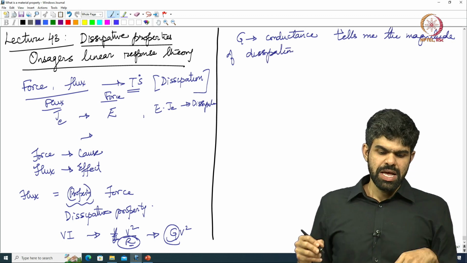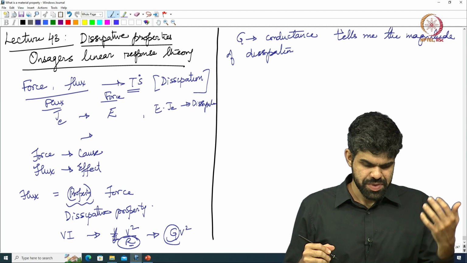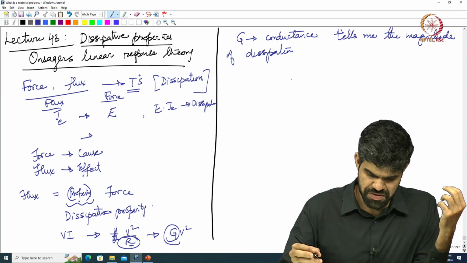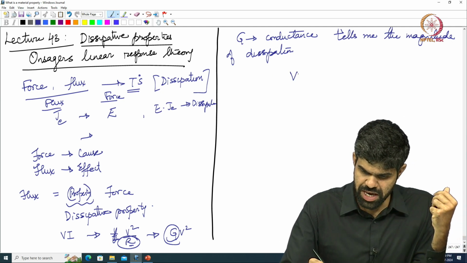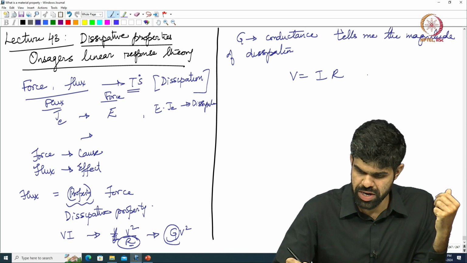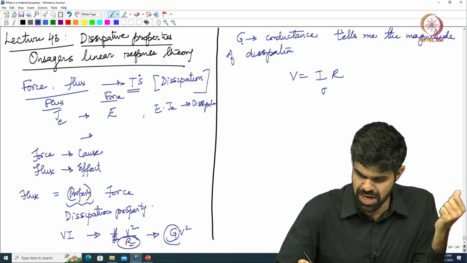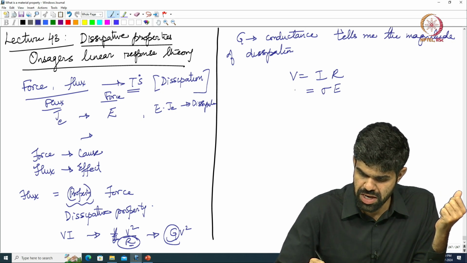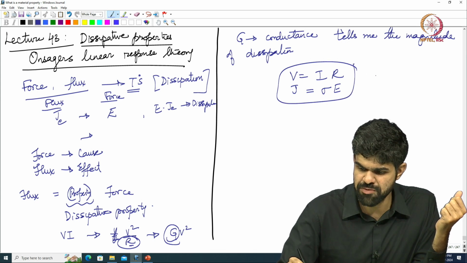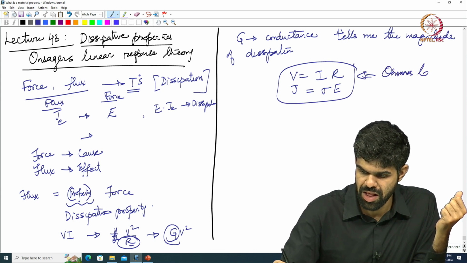Now this is very simple, right. So if I have V equal to I R, or in other words, if I have sigma E equal to J, right, these are some forms of Ohm's law, right.